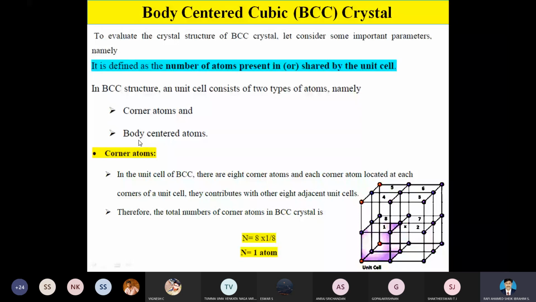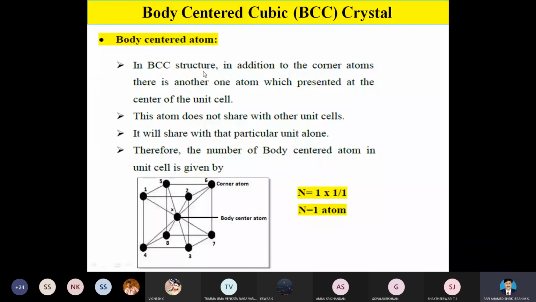Then I am going to measure the second value, that is the number of body centered atoms per unit cell. In the BCC structure, in addition to the corner atoms, there is one more atom which is present at the center of the unit cell, as we already informed. This atom does not share with other unit cells.